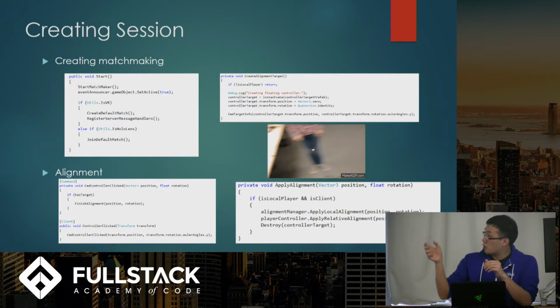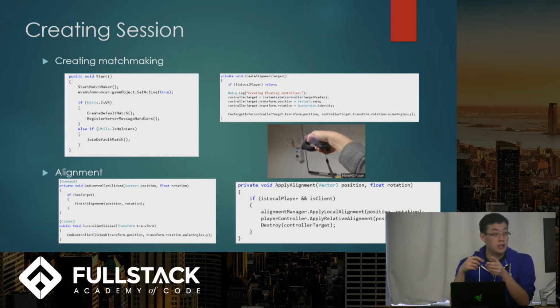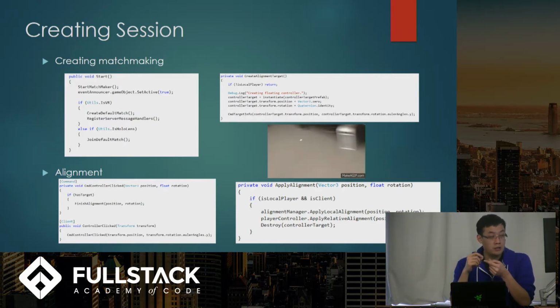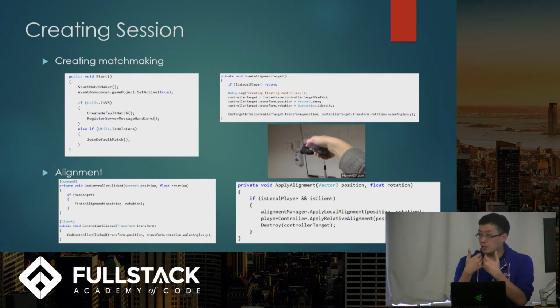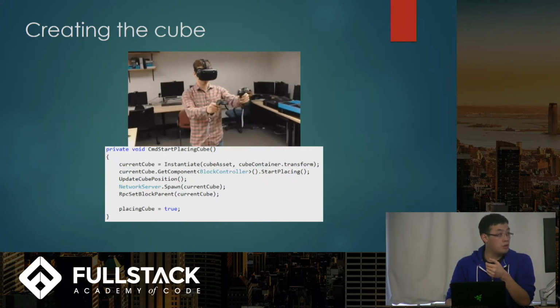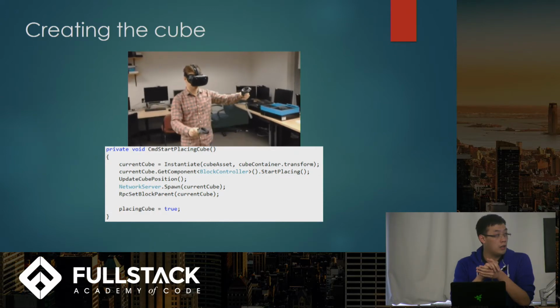Once they find the virtual controller, they just click, and when they click, they'll tell both the position and also the rotation of that controller respective to the HoloLens user. From there, the alignment is complete, and then you'll have everything set up.